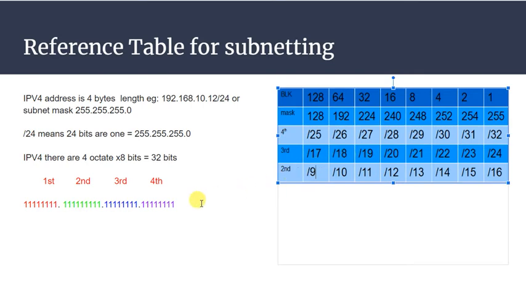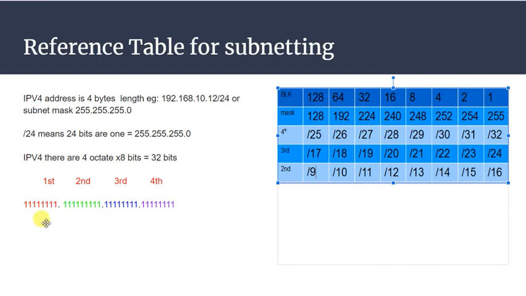And if it is 192 in the third octet, it will be slash 18, and 224 means slash 19, all in the third octet. Then slash 20 is 240, 21 is 248, 22 is 252, 23 is 254, and 24 means you got 255. So this is how the third octet values work.